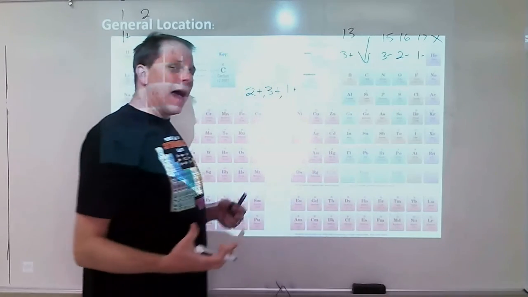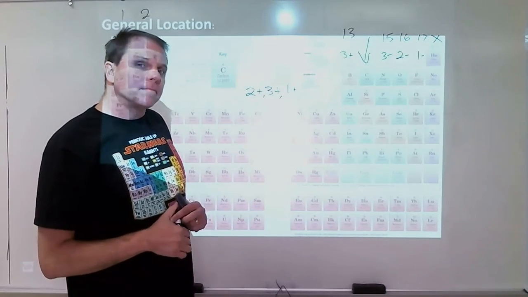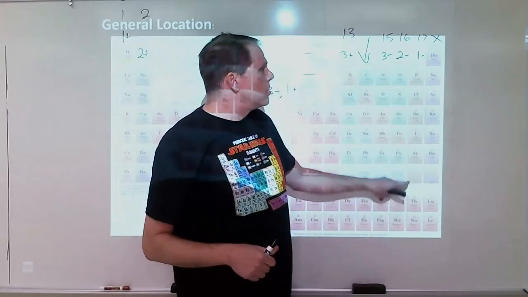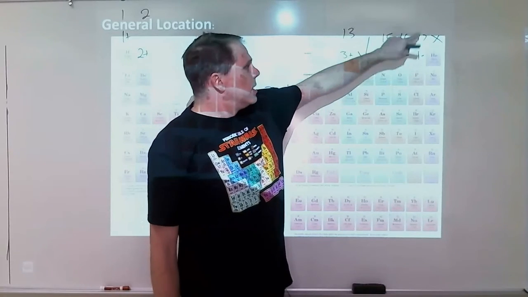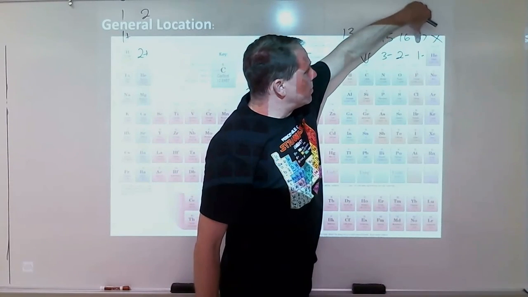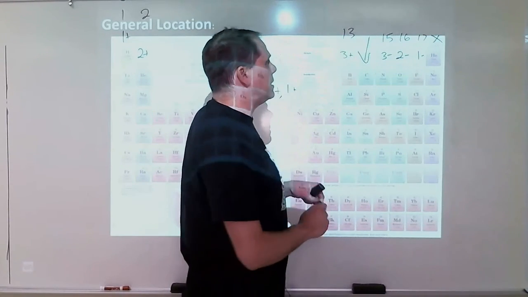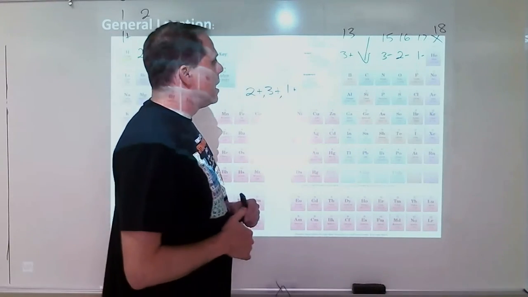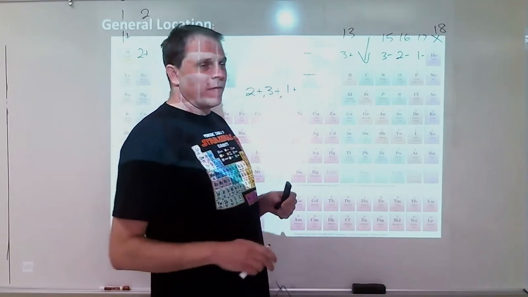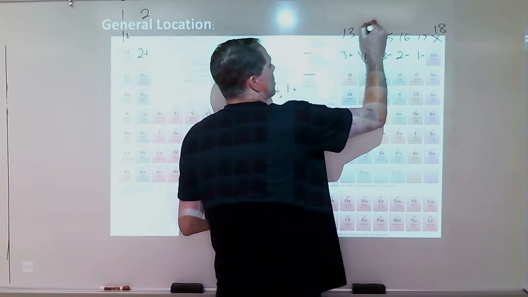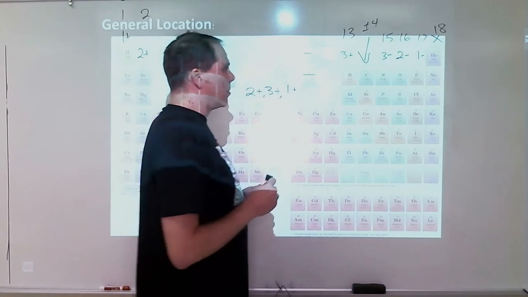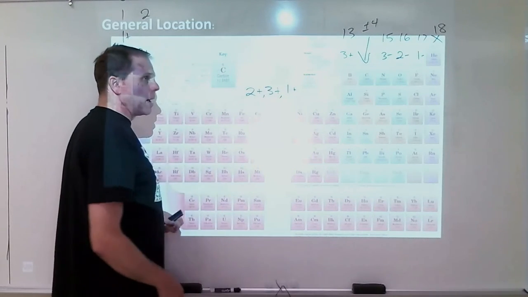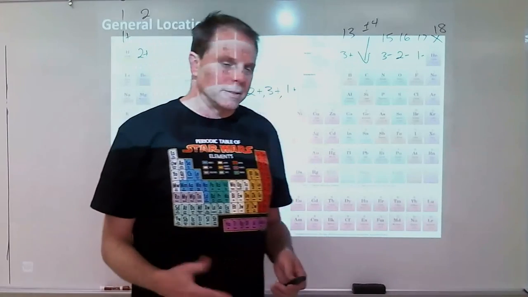So you can figure out how the column associates with the number of valence electrons. 17, I just need 1 more to become 8. Okay, remember this is 18. These guys have 8. That's why they don't need anything. Okay, now carbon, that whole family there could go either way. And so sometimes we'll say that could be a +4 or a -4, because sometimes they might gain some, sometimes they might lose some. It depends.